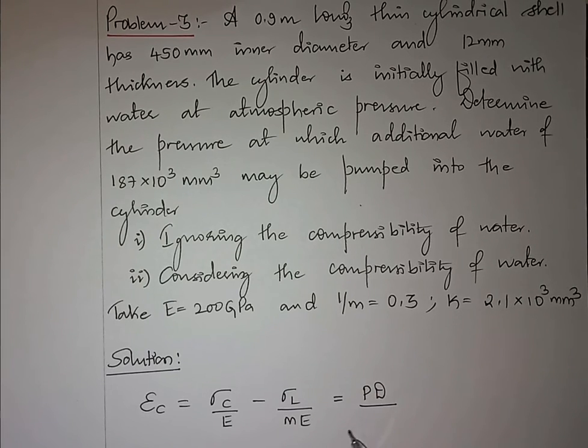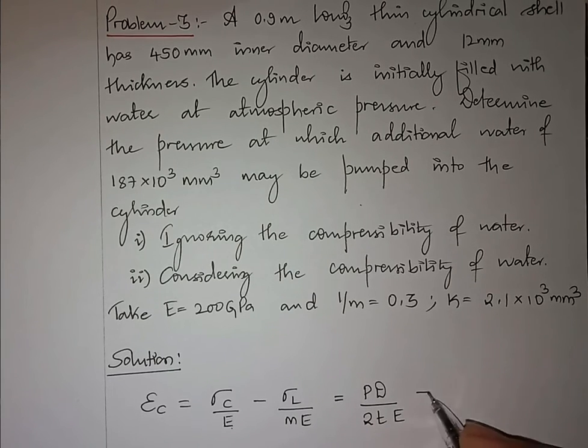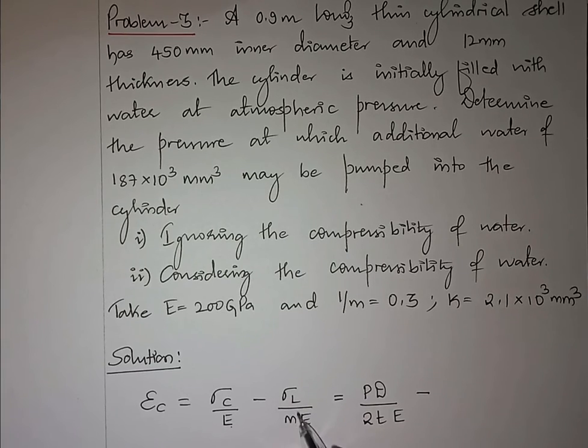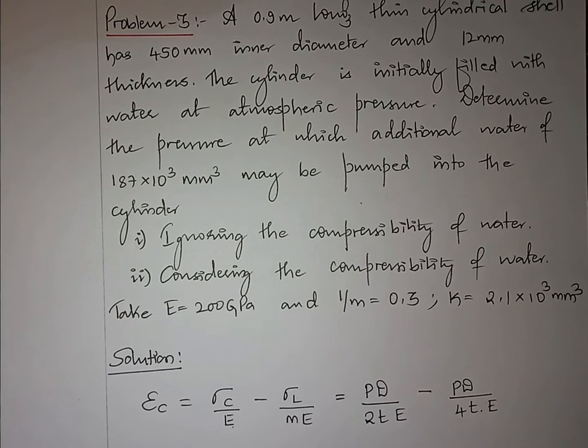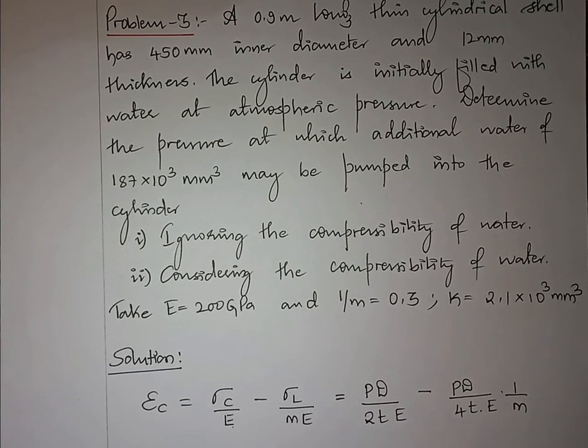PD by 2T. This you keep it as it is, minus value of sigma L is PD by 4T. Keep the E as it is, right? Also you are having 1 by m in this case.